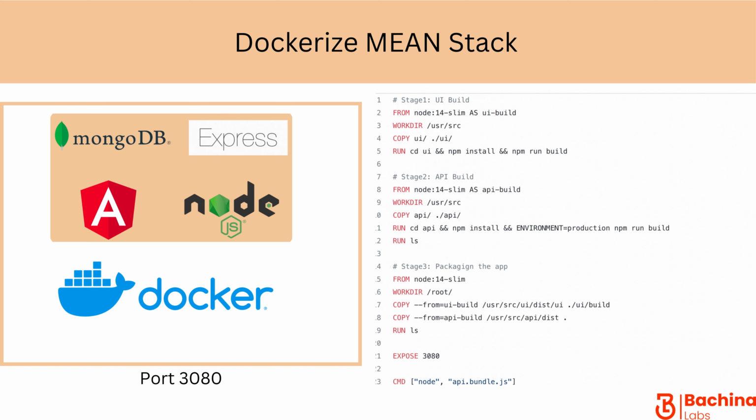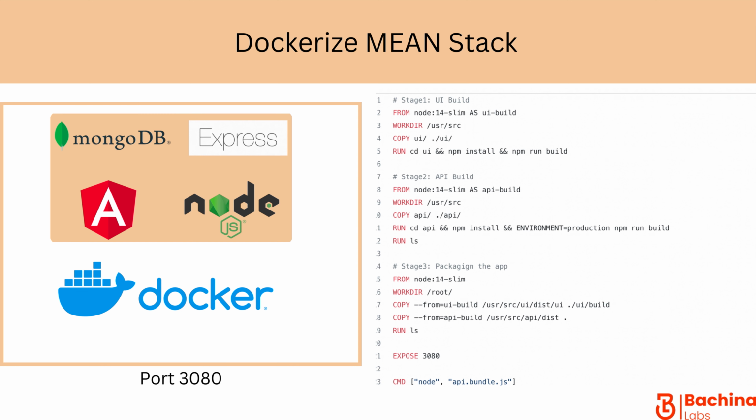You build multiple stages, and you take assets from each stage and put those assets in a final stage, so that you can reduce the unnecessary code in the image.